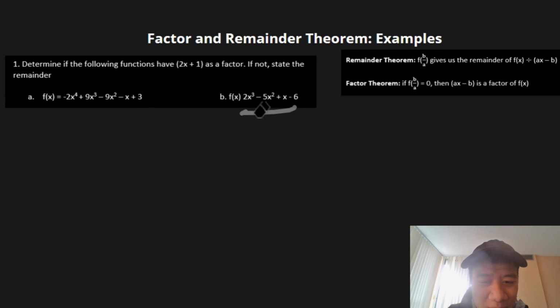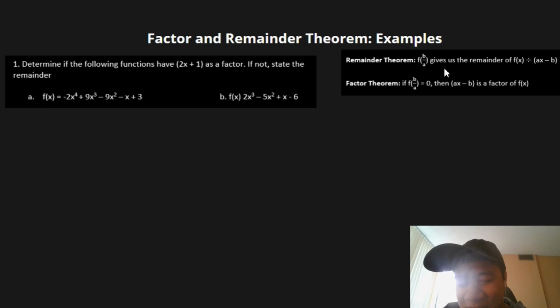We can do this using what we know about the factor theorem. It says that if we sub in a number and get 0, then the corresponding factor is a factor of the function. It also works the other way around. If we want to find out whether 2x plus 1 is a factor of a polynomial, we substitute the corresponding number of this factor into our function.